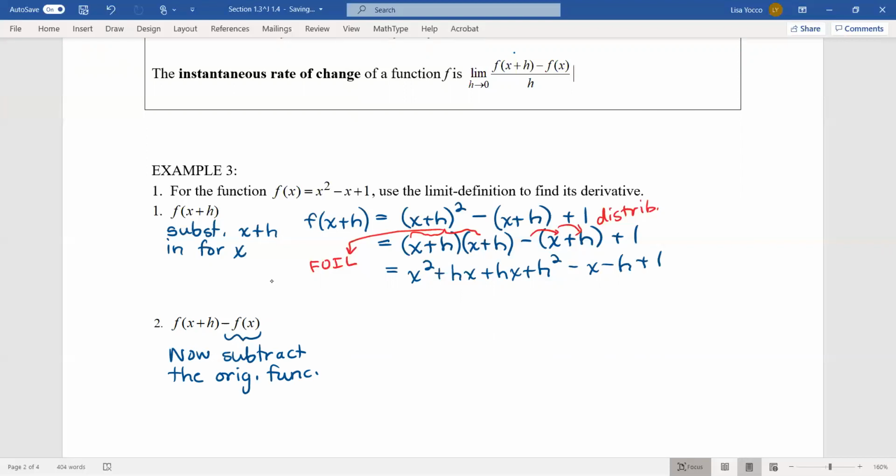All right, so we're picking up what we got from step 1. I'm just bringing it all down here. I'm also combining the two hx's. And I'm subtracting x squared minus x plus 1.